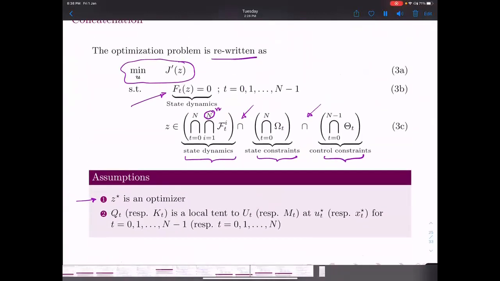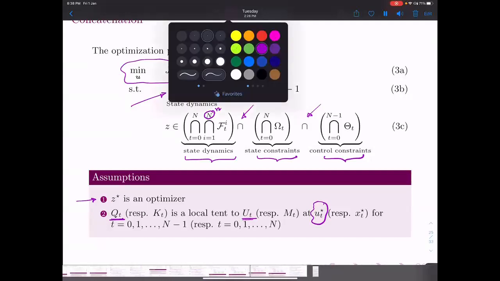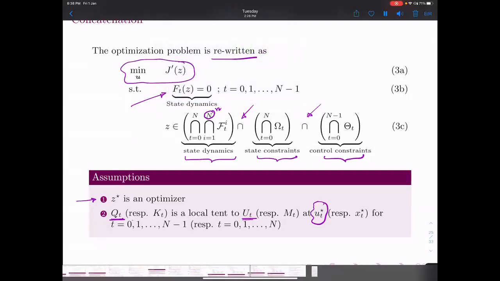And when we do that, we need to construct tents. Qt is a local tent to Ut at that point. Similarly, Kt is a local tent to the state constraint set at the candidate optimal state, right?